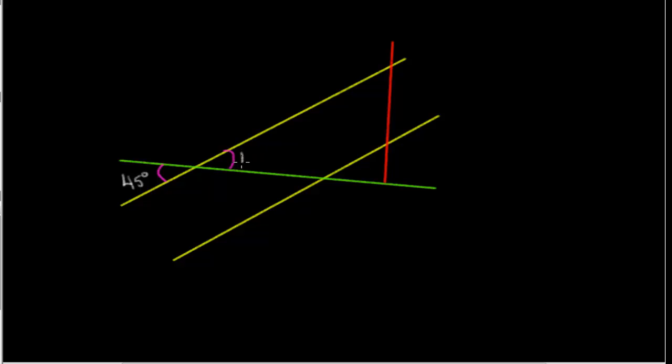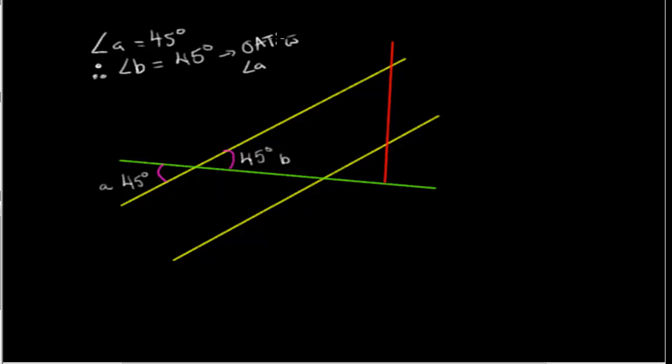We're going to call this A, and we'll call this B. Angle A is equal to 45 degrees. Therefore, angle B is equal to 45 degrees. Why? Because of OAT with angle A. So I've proven that one there.